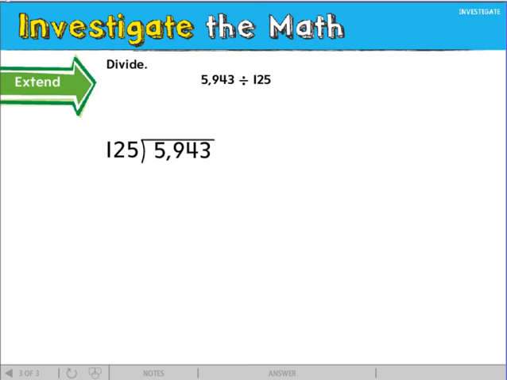Alright? Now they're using a 3-digit divisor. Same thing. You go 125 goes into 594. It's going to be 4 times. Okay? That's going to give me 500.